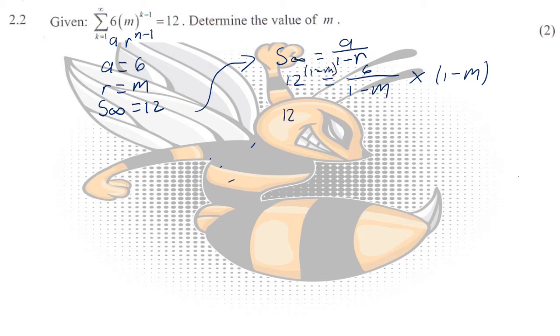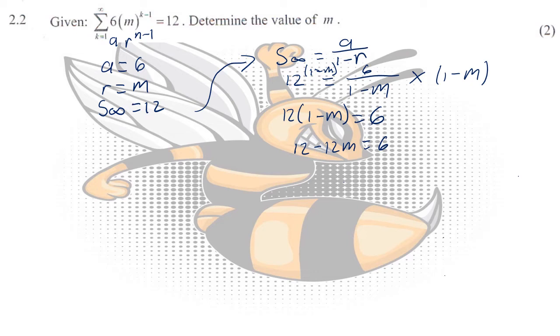We are left with 12 times 1 minus m equals 6. From there we can multiply the 12 in, so we have 12 minus 12m equals 6, and from there it is a simple linear algebraic equation.